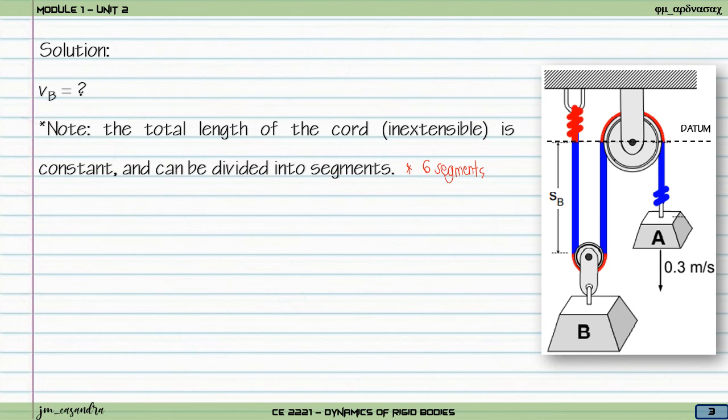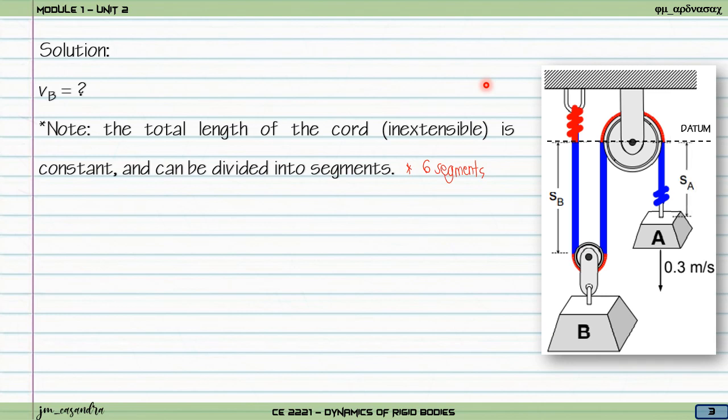The constant length means it will not change even if there is movement between the two blocks in our pulley system. Those will be your red highlighted segments.